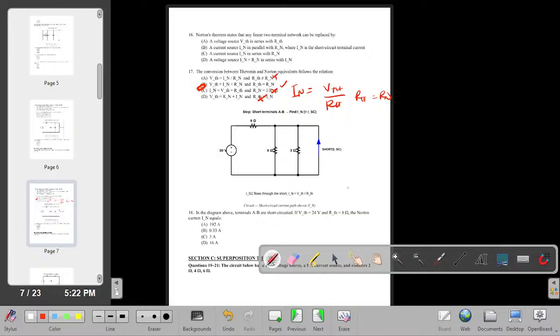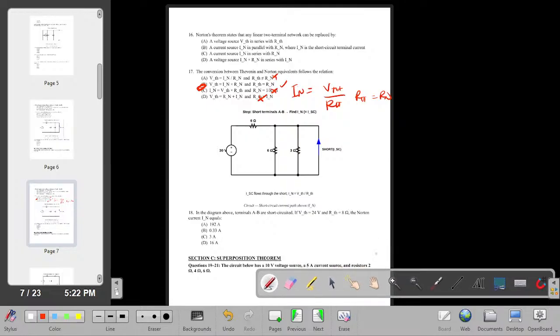Now, question 18. In the diagram above, terminals A to B are short circuited. If VTH is 24 and RTH is 8, then the Norton current is equal to what?